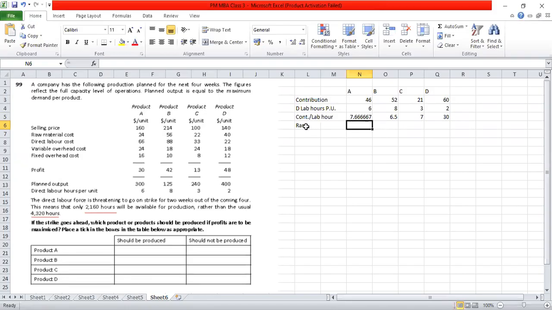How much is the requirement of the limiting factor is what has to be taken, and then find out what is contribution per unit of that limiting factor. So every hour of direct labor used for production of product A can give a contribution of 7.7. For product B, it is 6.5. Product C, it is 7, and product D, it is 30.